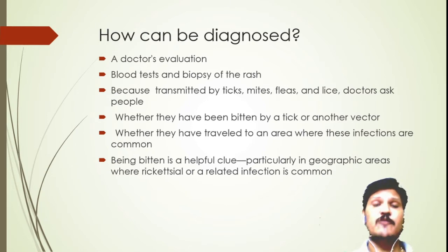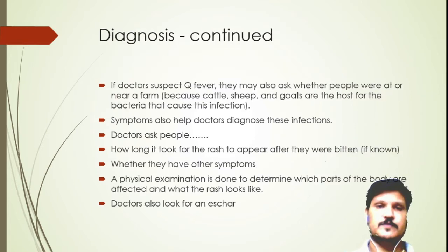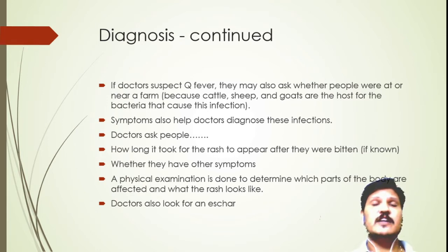Being bitten is a helpful clue, particularly in geographic areas where rickettsial or related infection is common. If doctors suspect Q fever, they may ask whether people were at or near a farm, because Q fever is mostly contracted from domesticated animals like cattle, sheep and goats.